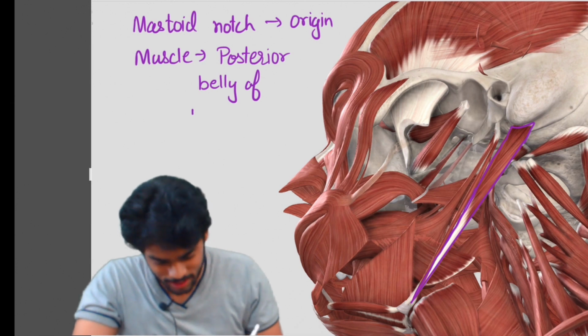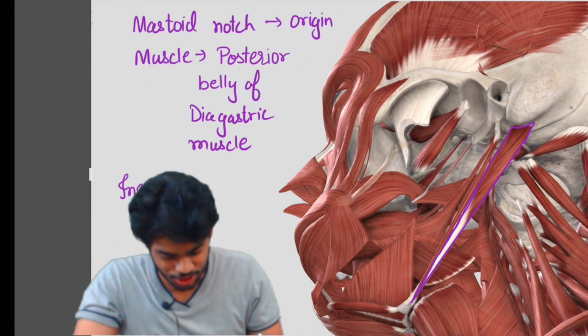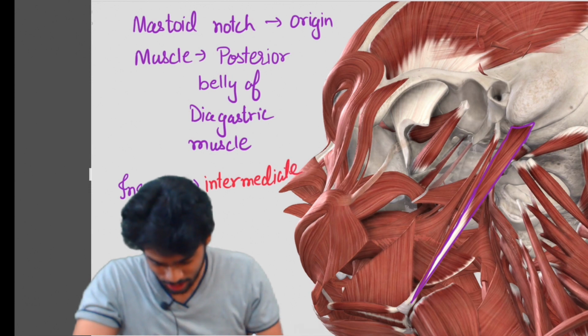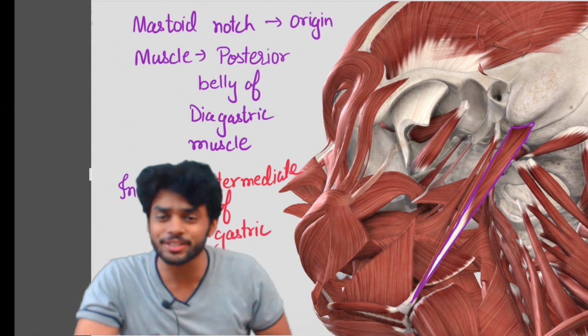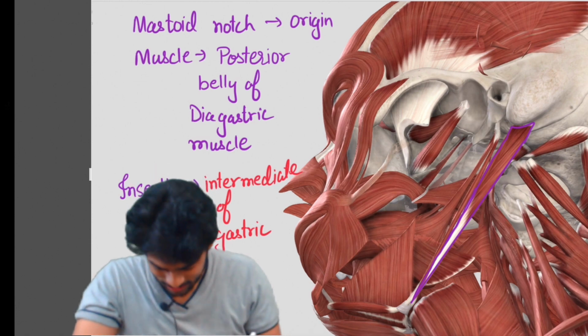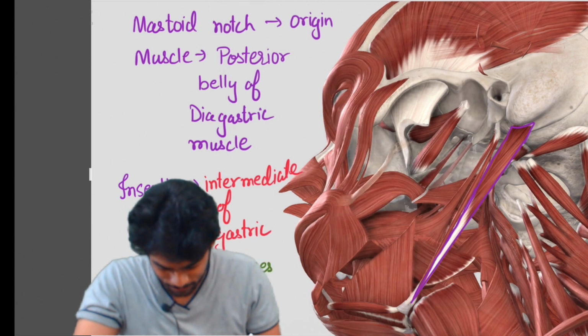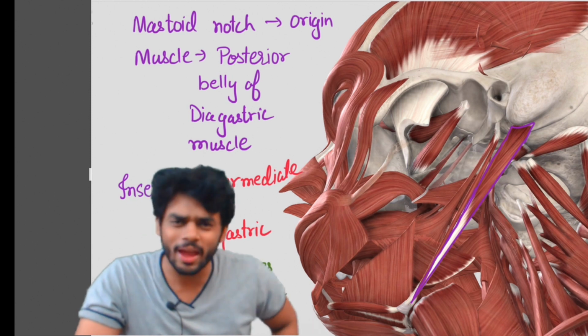The origin is the mastoid notch. The muscle name is posterior belly of digastric muscle, and insertion is the intermediate tendon of digastric. And what is the action? Depresses the mandible. It helps in depression of the mandible. So it is the posterior belly of digastric muscle.